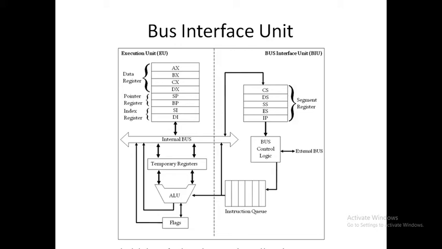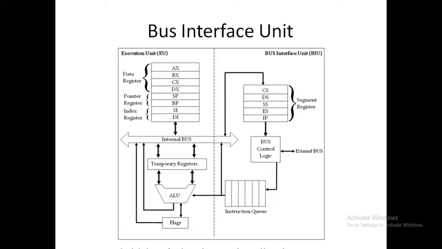8086 has two blocks, that is BIU and EU. BIU means bus interface unit and EU means execution unit. The BIU performs all bus operations such as instruction fetching, reading and writing operands for memory, and calculating the address of the memory operands.